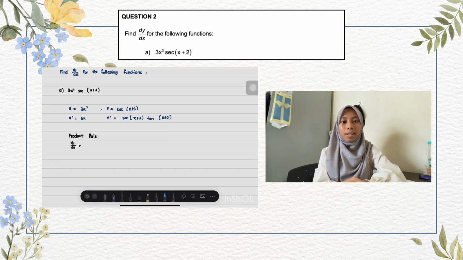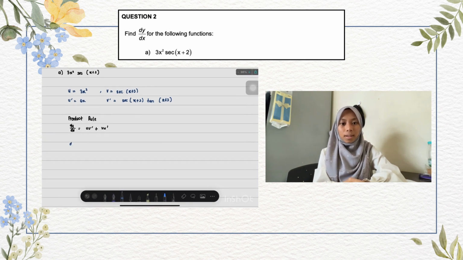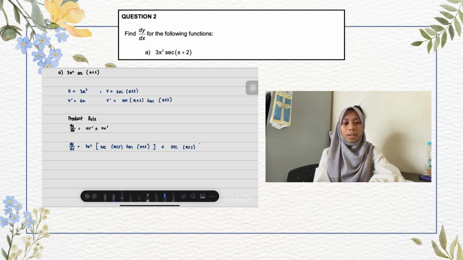Since this equation is the multiplication of two different functions, we will use the product rule. The formula of the product rule is dy/dx equal to uv prime plus vu prime. For this equation, we will get the answer as dy/dx equal to 3x squared multiplied with secant x plus 2 tan x plus 2, plus secant x plus 2 multiplied with 6x.